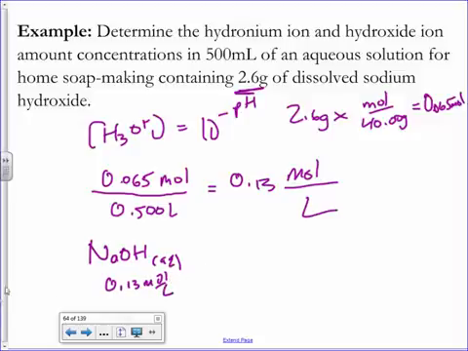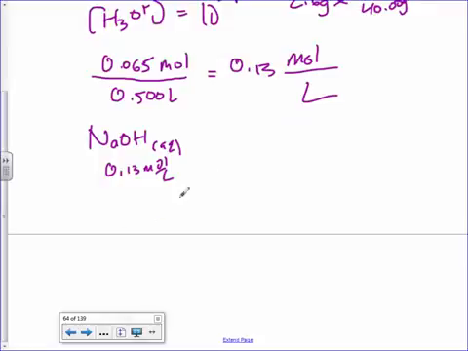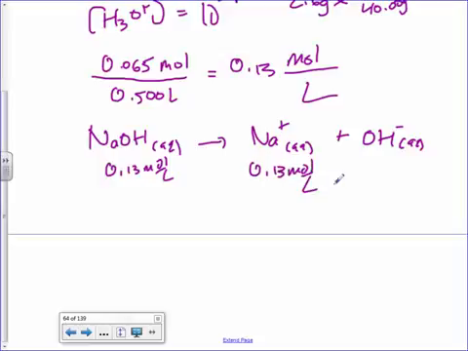Well, if you remember from where we would have started Chemistry 20, sodium hydroxide has the ability to dissociate into Na+ and OH-. And it should completely do that. So don't worry about equilibrium at this point, but it should completely dissociate. So that means you should have 0.13 moles per liter of sodium ions, but you should also have 0.13 moles per liter of hydroxides.